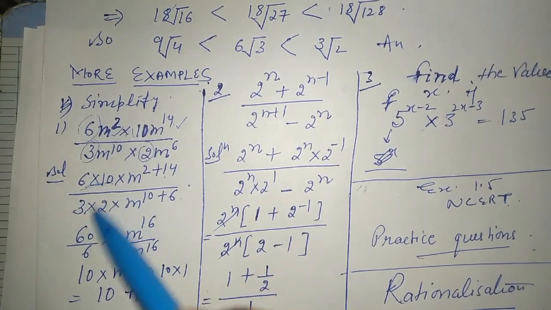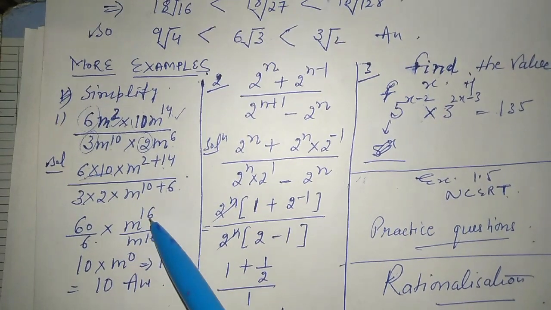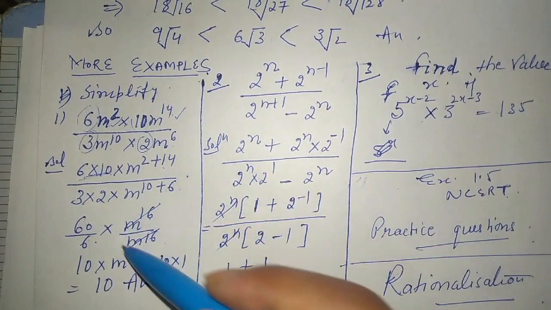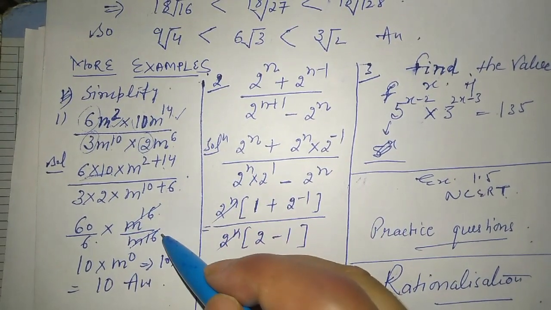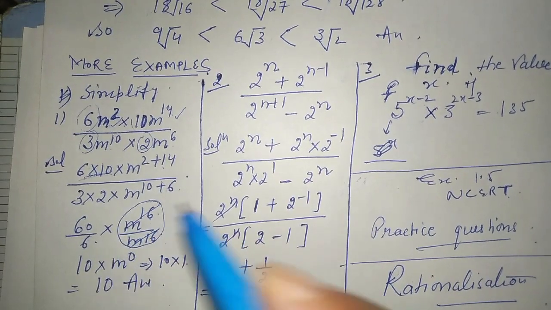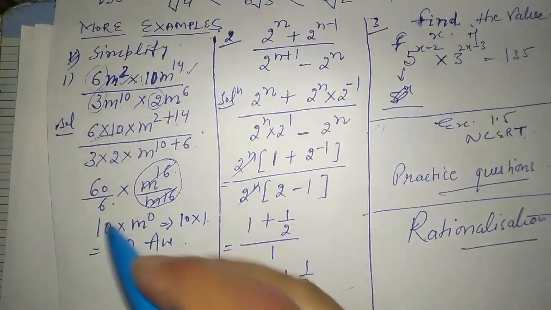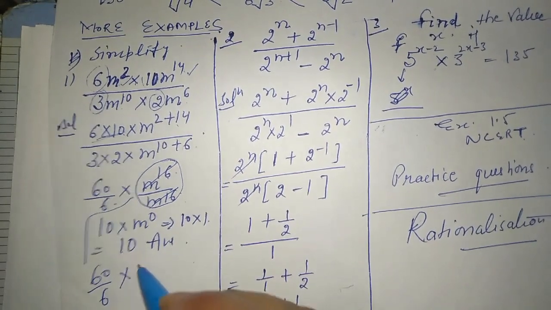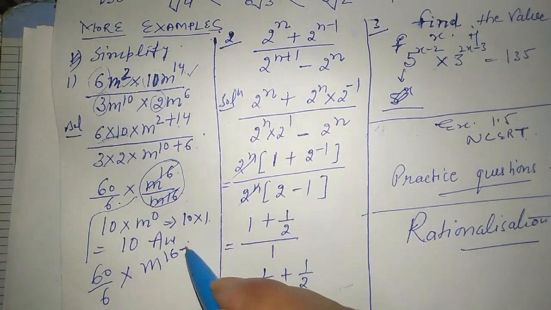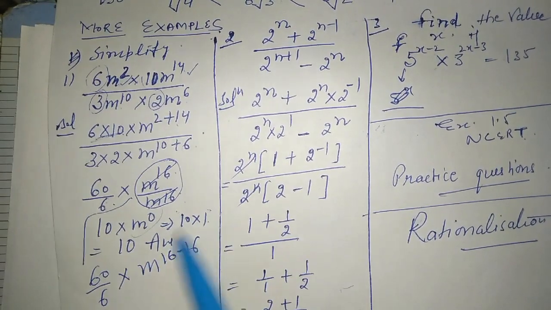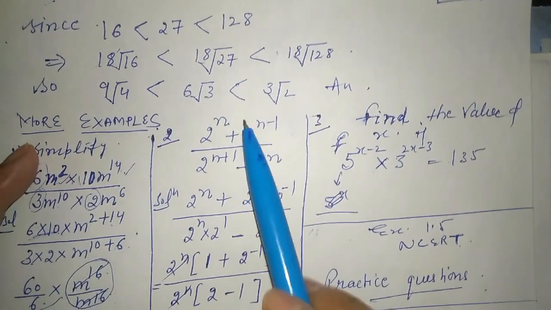So 60 upon 6, m to the power 16 upon m to the power 16. Both will cancel out, or they are divided so their powers will be subtracted. We can write it like this: 60 upon 6 multiplied by m to the power 16 minus 16. So it becomes m to the power 0, that is 10 into 1. The answer is 10.